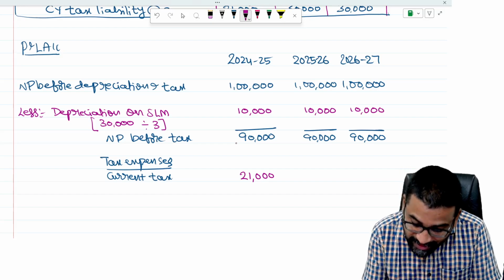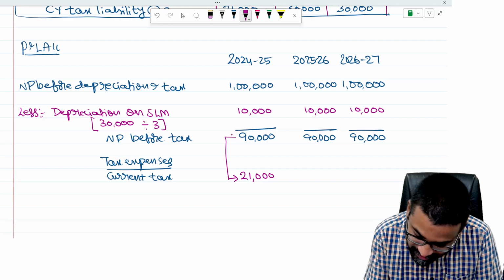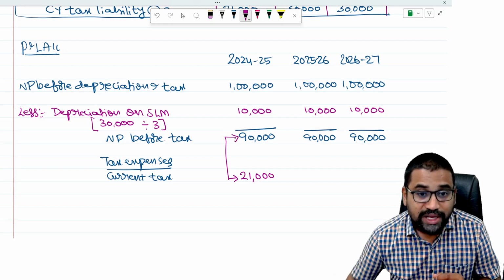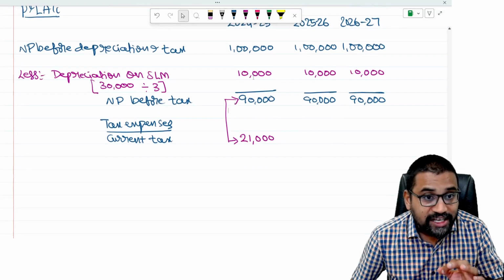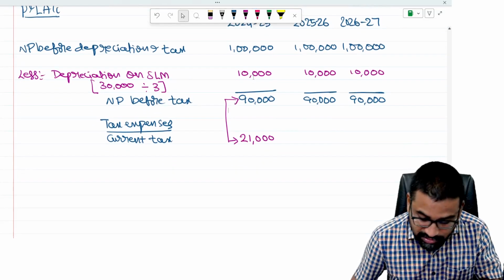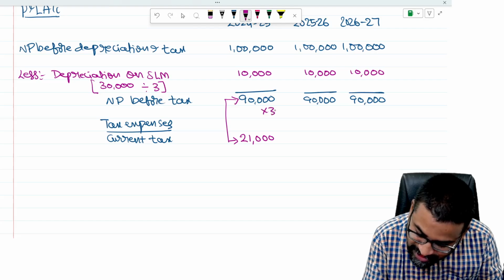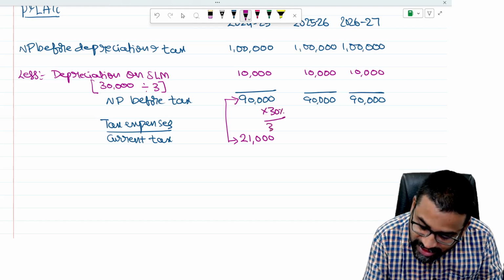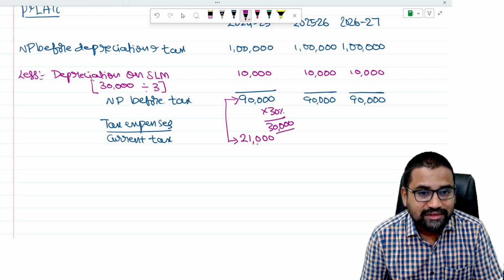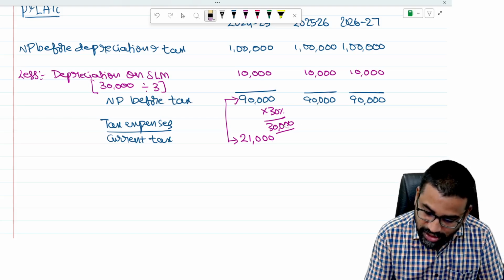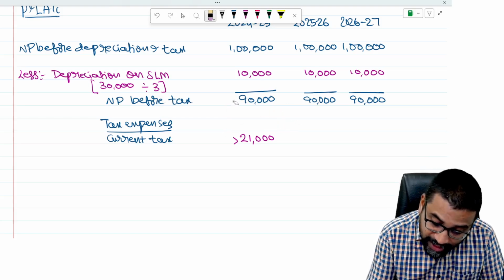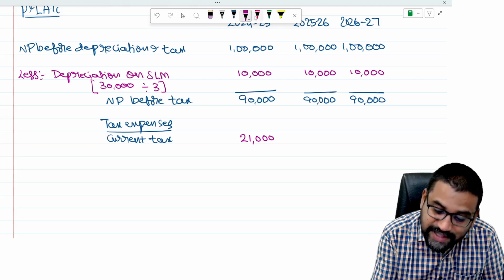Now they say these two are not matching. Why are they not matching? See, you are earning 90,000. You are showing 90,000 in the P&L account. Suppose if I apply 30% on 90,000, it will be 30,000. But you are showing only 21,000. That means your accounting income and tax expenses are not matching.